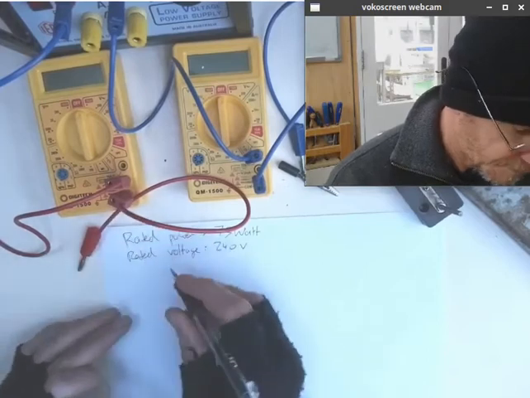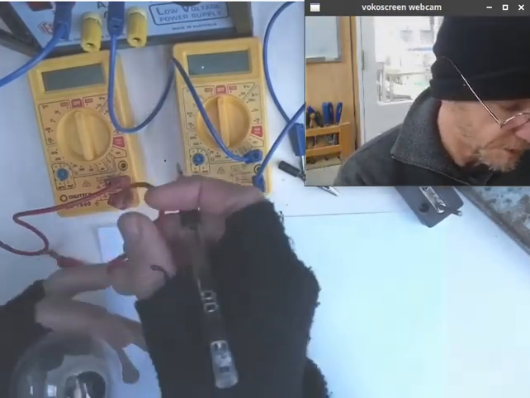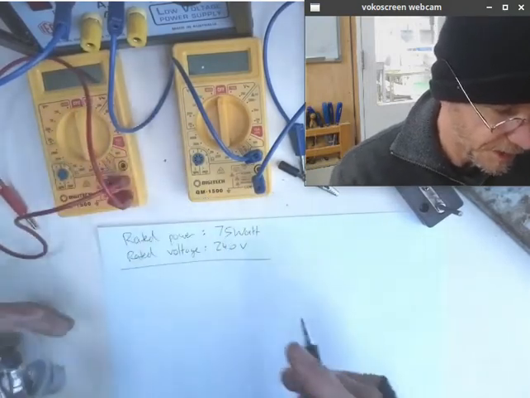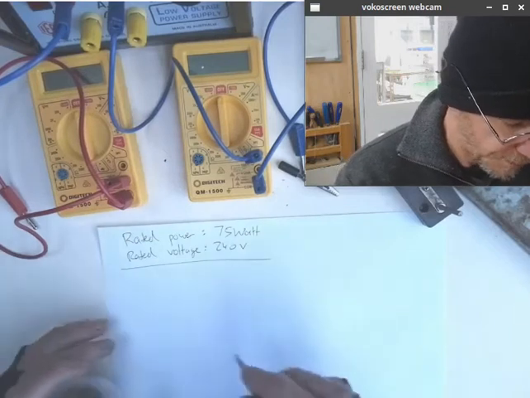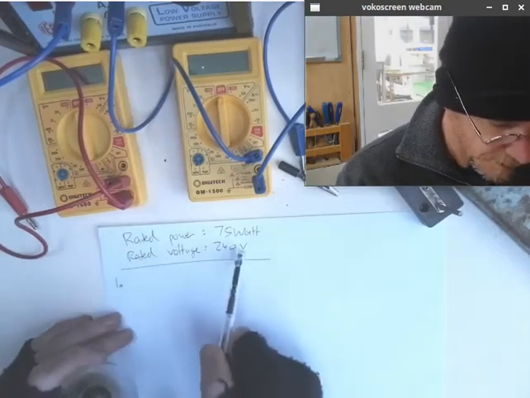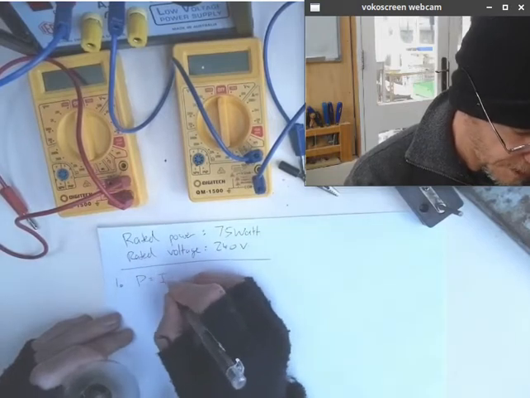Now I'm going to look at two different ways in which, theoretically at least, we could work out what current we'd expect this light bulb to draw. The first way is to use the rated power and the rated voltage. We can use power equals current times voltage.